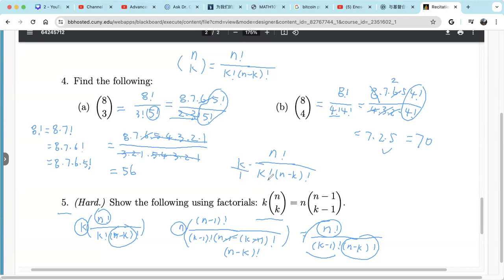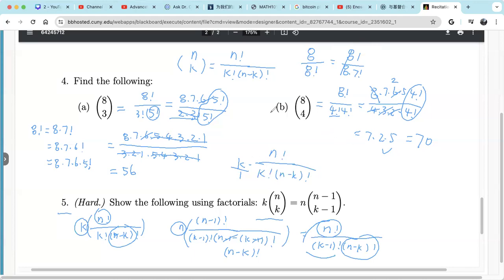So you see k divided by k factorial. Let's think about a number. Think about 8 divided by 8 factorial. What is that? That's 8 divided by 8 times 7 factorial. 8 divided by 8 becomes 1. So that's 1 over 7 factorial.